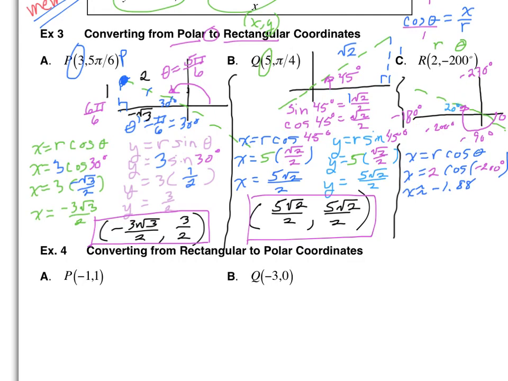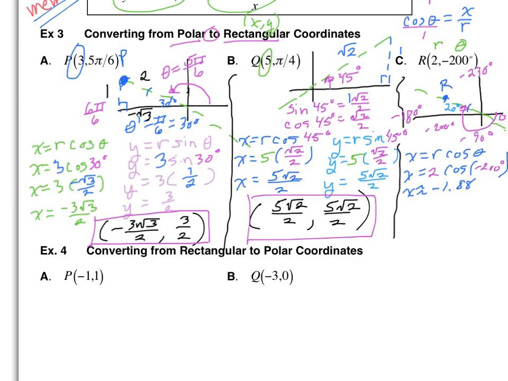We forgot to actually plot the polar coordinate, but if I plot my angle first, here's where the negative 200 is. Because r is positive, do I stay here or do I shoot through the hole? You stay here, and you would be mapping out a distance of 2. So there's where your ordered pair is going to end up. So it makes sense that we are in quadrant 2 and that x would be a negative 1.88.